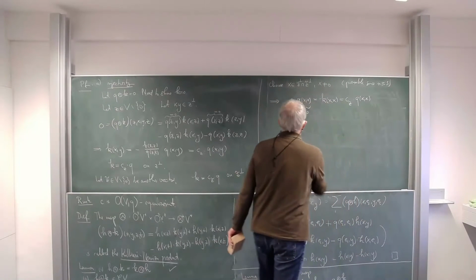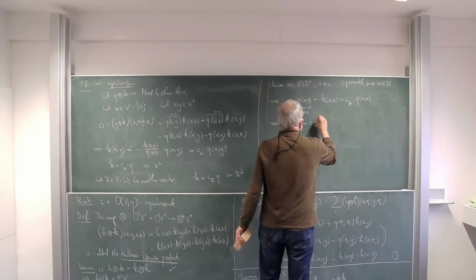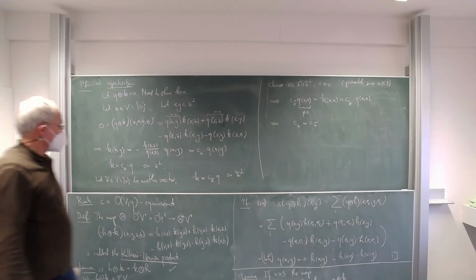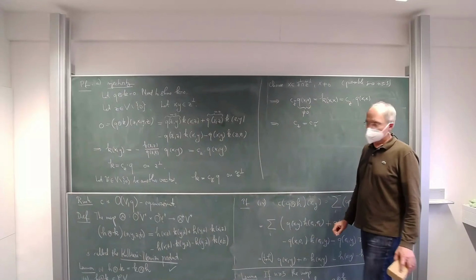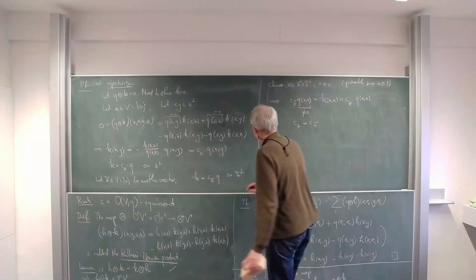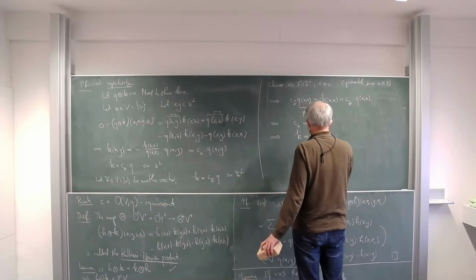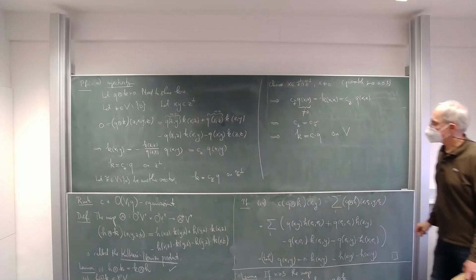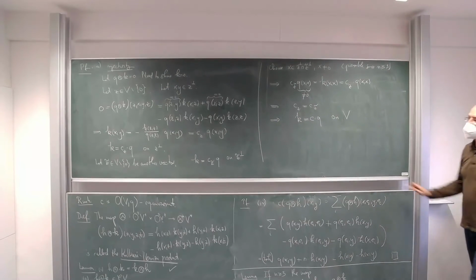So I can divide, and I can conclude that c of z equals c of z tilde. So that means I have this coefficient independent of z, such that k is a multiple of q on all of them. So this simplifies the thing a lot.